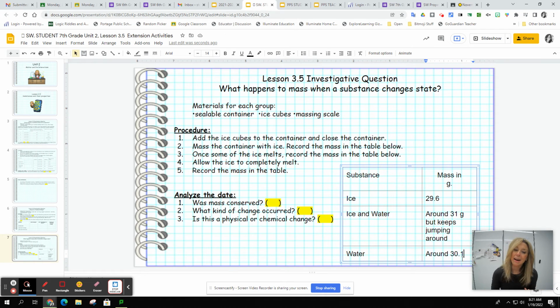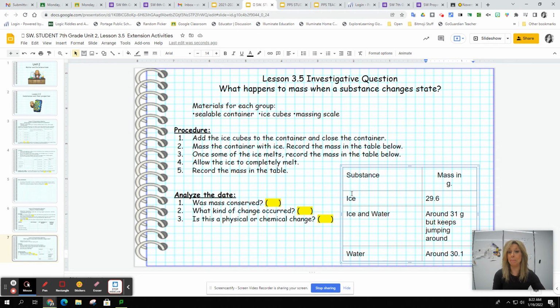So if we were to average the mass, if we took 29.6, we added 31, and we added 30.1, we would get an average of about 30 grams, okay?